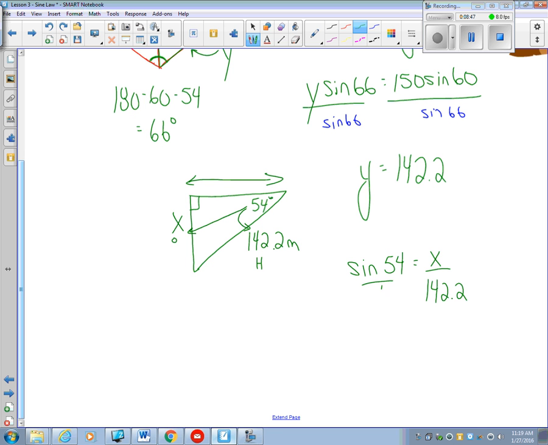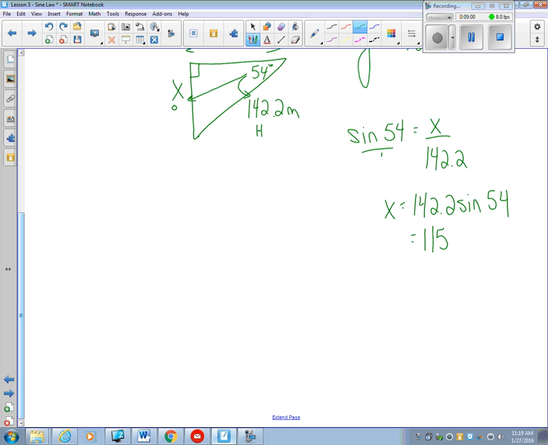Okay, x times 1, x equals 142.2 times the sine of 54. Put that all in our calculator, and we'll end up with 115. So the bridge is 115 meters above the valley.